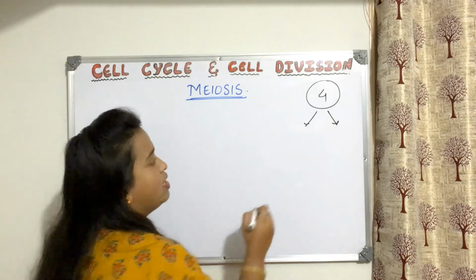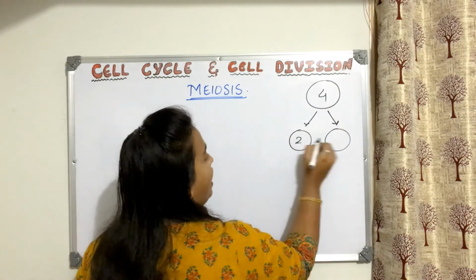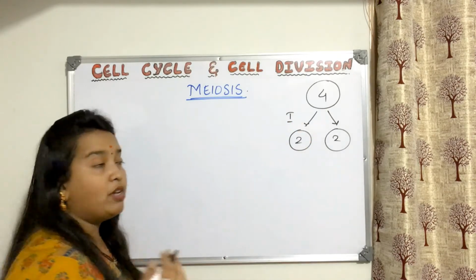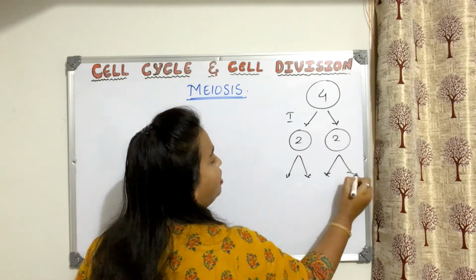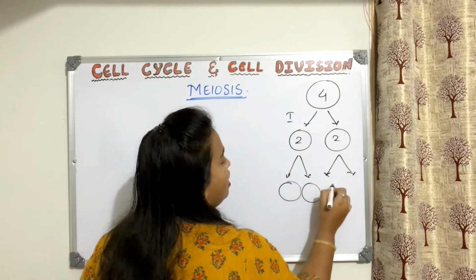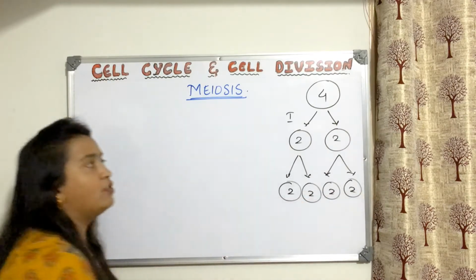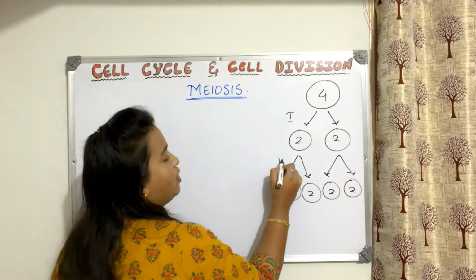In the first meiosis, it forms 2 cells. What will be the number of chromosomes? 2 and 2. This is called first meiosis. In the second meiosis, it leads to complete formation of 4 cells, wherein we will have 2, 2, 2 and 2. And this is called meiosis 2.